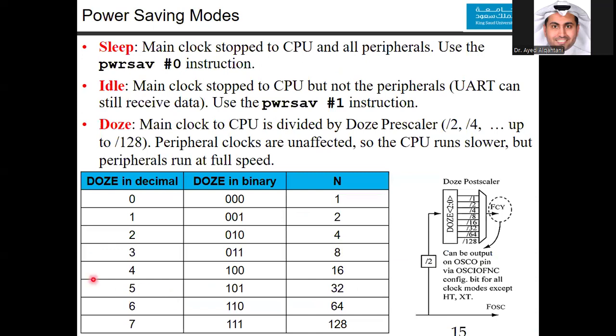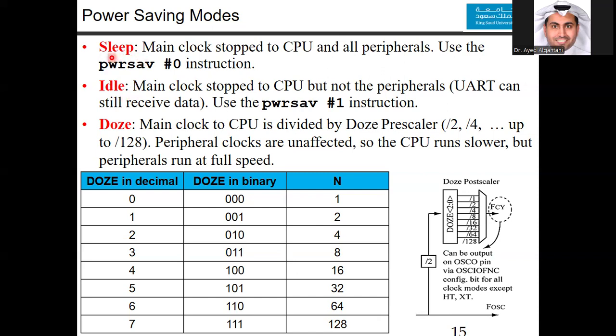But we have a sleep mode. We actually have the normal mode first. There is no power saving on the normal mode. And we have the sleep mode, the idle mode, and the doze mode. In these 3 modes, you can save the power or reduce the power consumption.